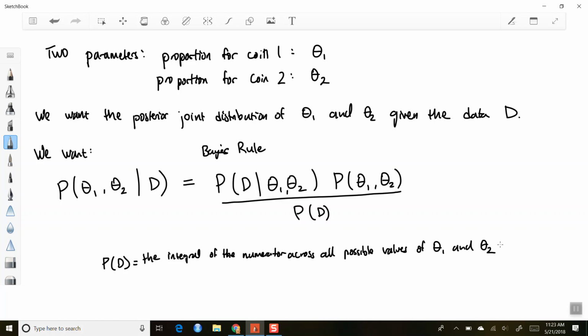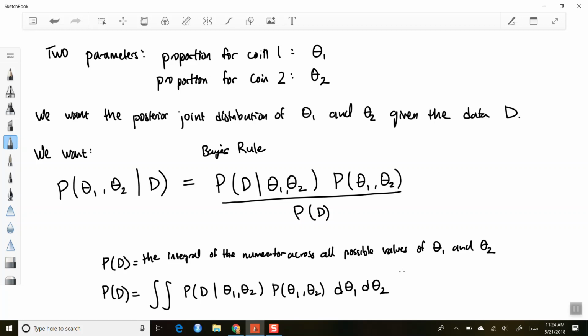Mathematically, the probability of the data is the double integral of the numerator, D given theta 1, theta 2, times the probability of theta 1 and theta 2, the prior, over all possible values of theta 1 and all possible values of theta 2.